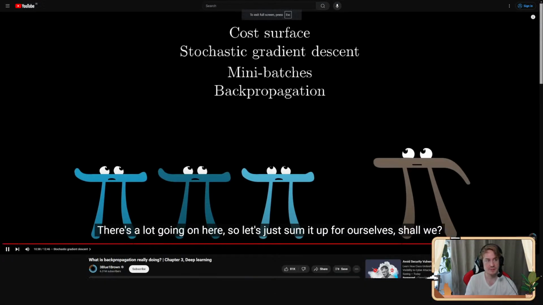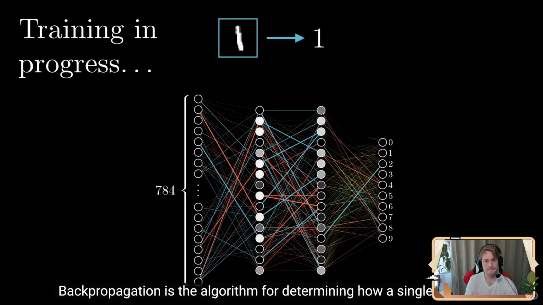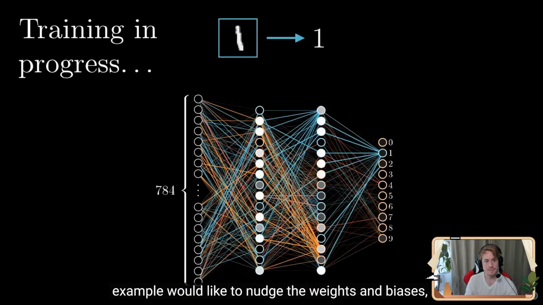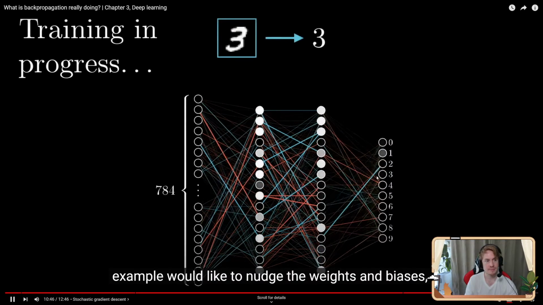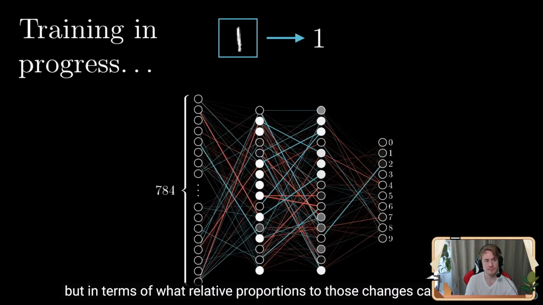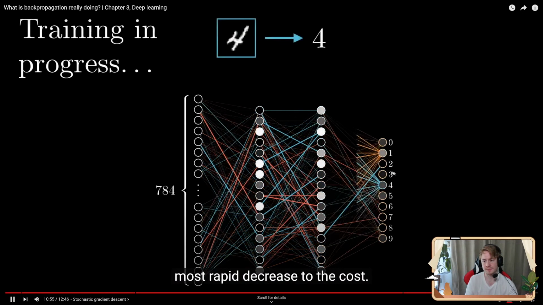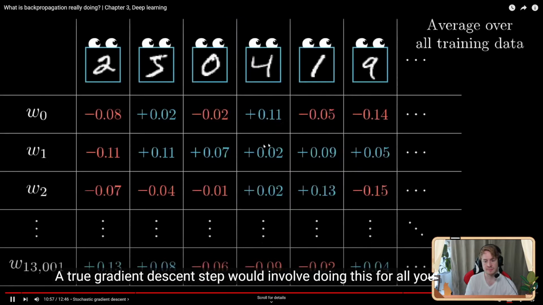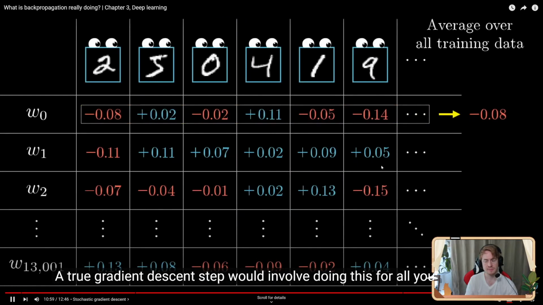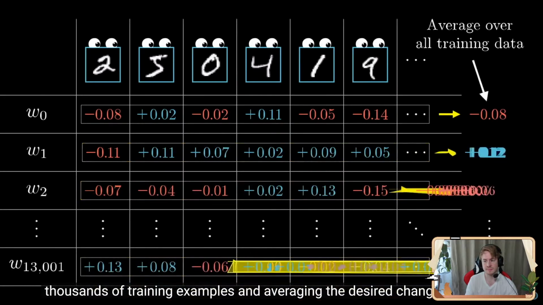So let's just sum it up for ourselves, shall we? Backpropagation is the algorithm for determining how a single training example would like to nudge the weights and biases, not just in terms of whether they should go up or down, but in terms of what relative proportions to those changes cause the most rapid decrease to the cost. A true gradient descent step would involve doing this for all your tens of thousands of training examples and averaging the desired changes that you get.